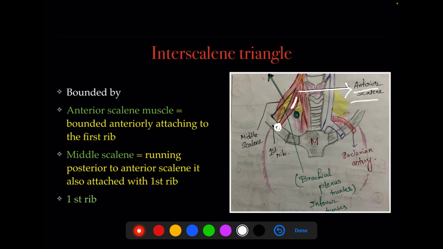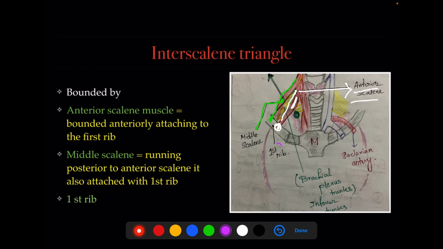Next one, the middle scalene muscle, that is here. I am using green color just beside that, which also attaches to the first rib here. This one is the middle scalene and this one is the anterior scalene muscle. Sorry, using white. Yes.